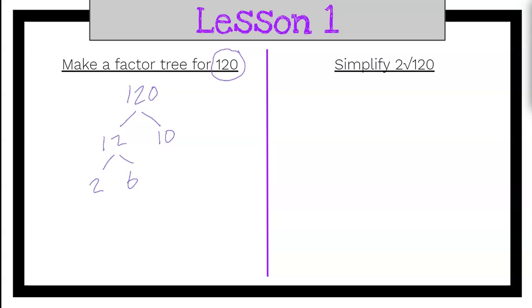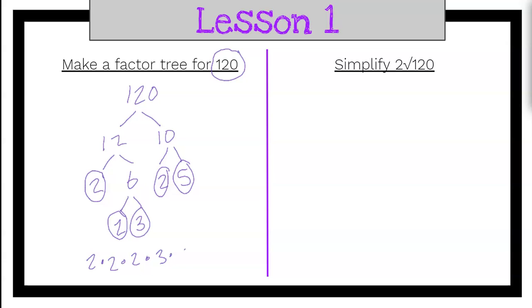So I'm going to do 2 and 6, so I can circle 2. 6 is 2 and 3, so I can circle 2 and 3. And 10 is 2 times 5. Both of those are prime. So I'm going to rewrite this out as 2 times 2 times 2 times 3 times 5. Notice I want to put all the 2's together, then the 3's, and then the 5's. I'm going to write it in increasing order.